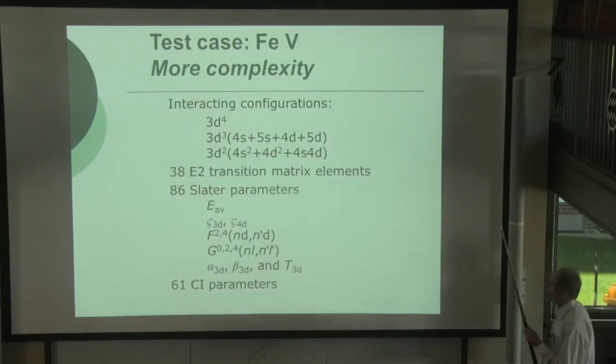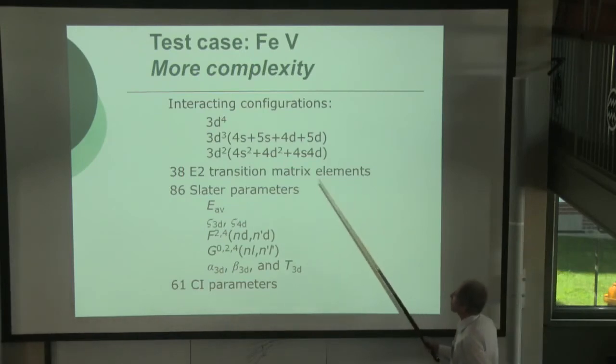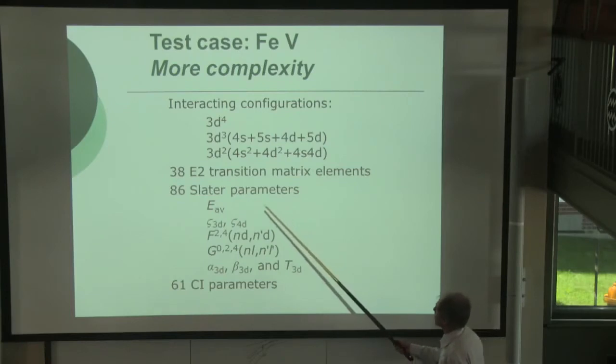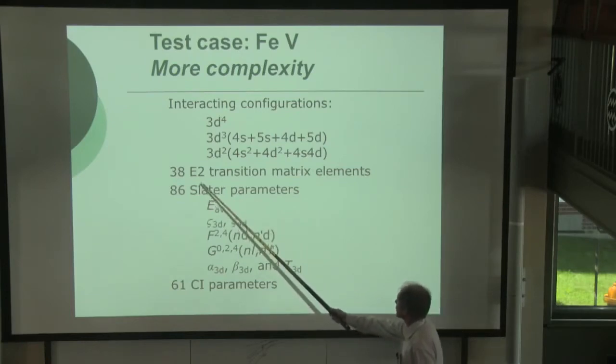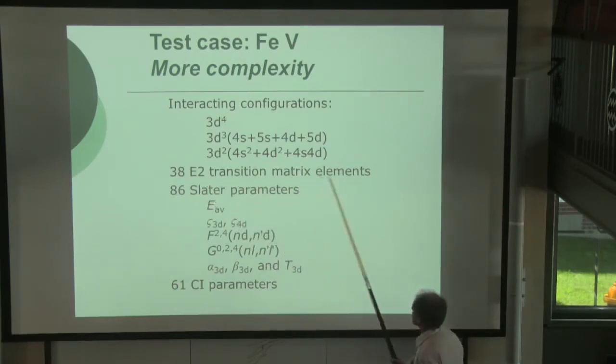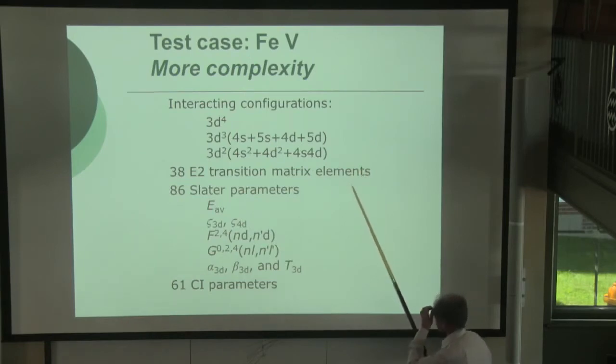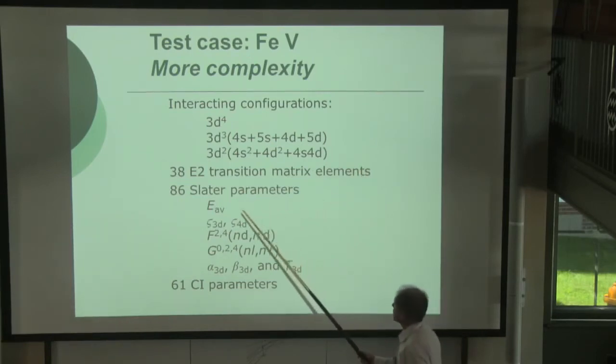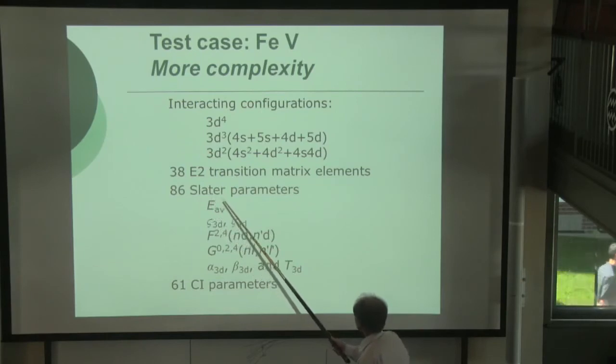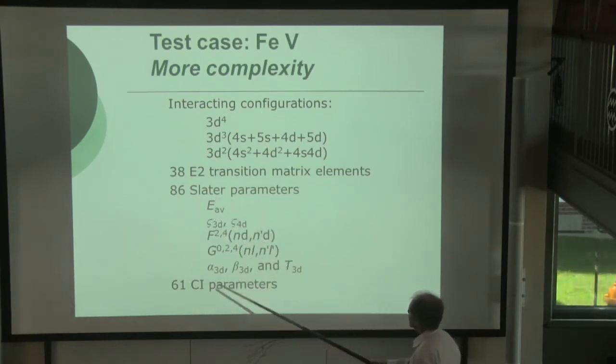Of course, on top of that, there were some interacting configurations added. So in total, there were 38 electric quadrupole transition matrix elements, and there were 86 Slater parameters and 61 CI parameters.